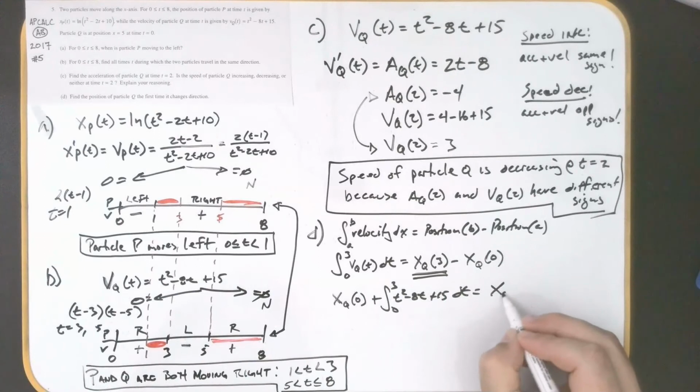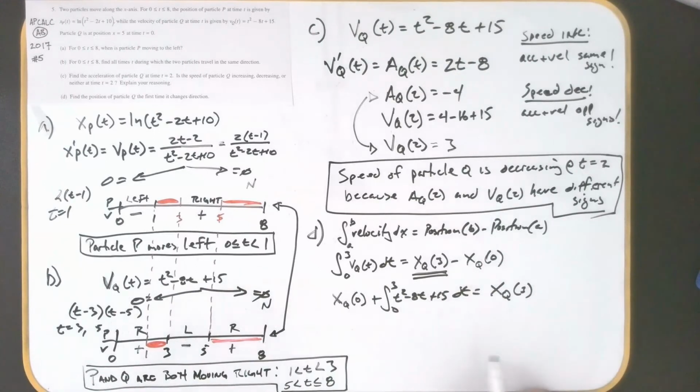That's going to give me the position of q at 3. Again, this was just the fundamental theorem, isolating the 3. For x sub q of 0, go back to the original question. It says the particle q is at position x equals 5 at time equals 0. They never give you stuff you don't need, so there it was, 5.